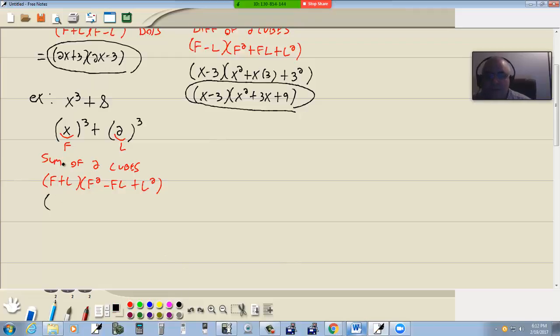Now everywhere I have an F, I'll plug in x, and everywhere I have an L, I'll plug in 2. So I got x plus 2 times x squared minus x times 2 plus 2 squared. And that gives us x plus 2 times x squared minus 2x plus 4.